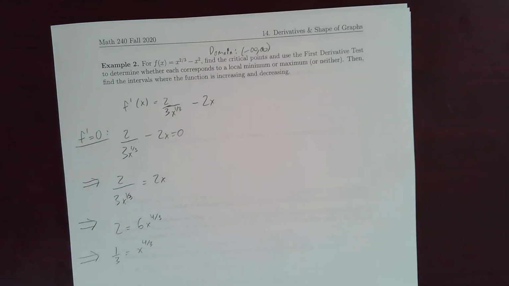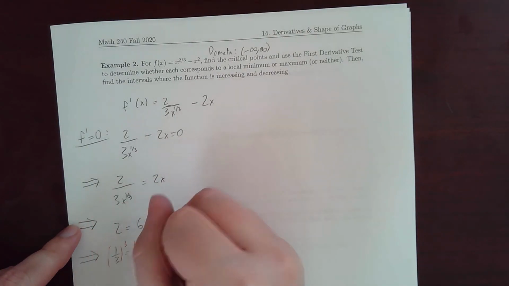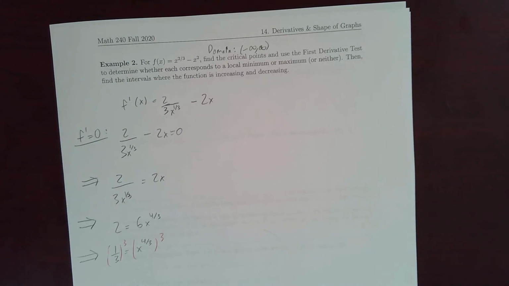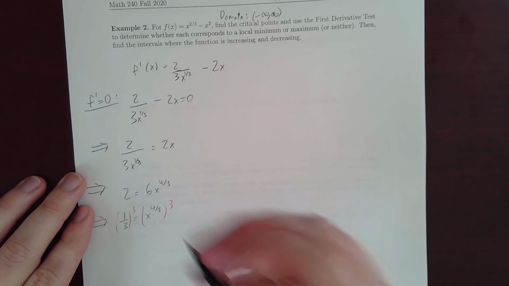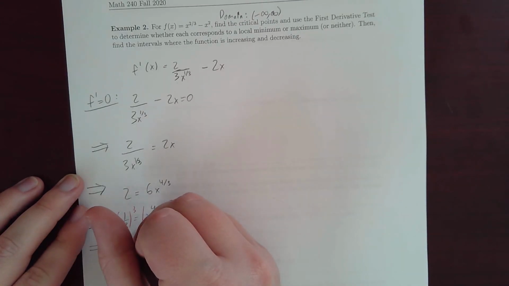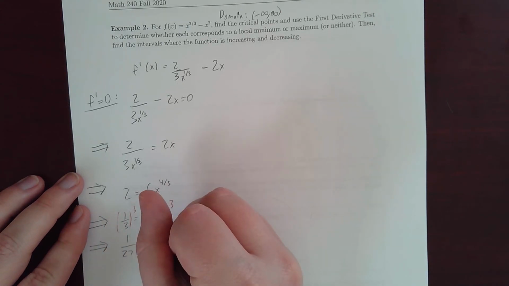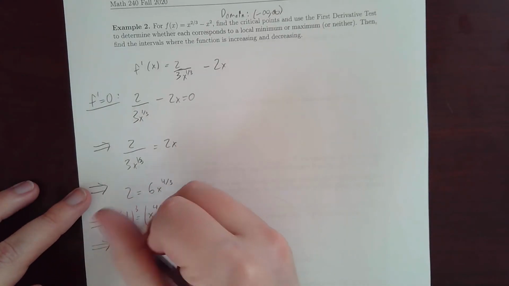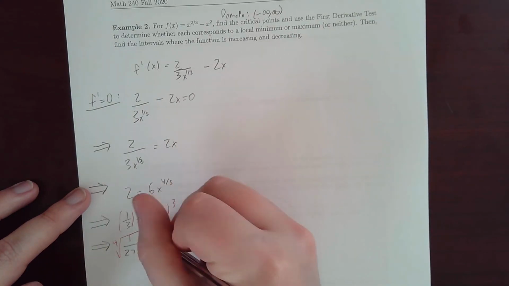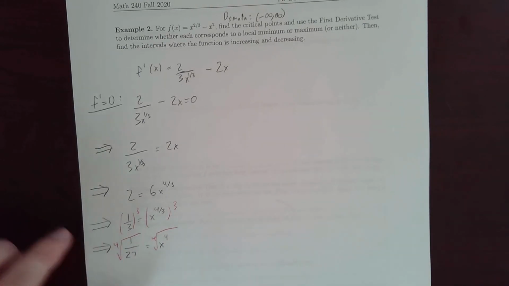Now from here what we'll do is we'll go ahead and raise each side to the 3rd power. And what this will do is this will allow us to get rid of this 3 that's here. This means we'll get 1 over 27 equals x to the 4th. And we can take the 4th root on both sides in order to go ahead and figure out what our critical points should be.